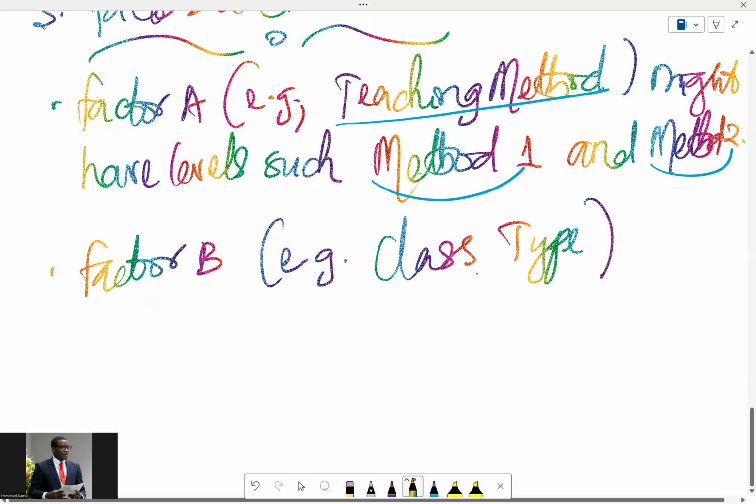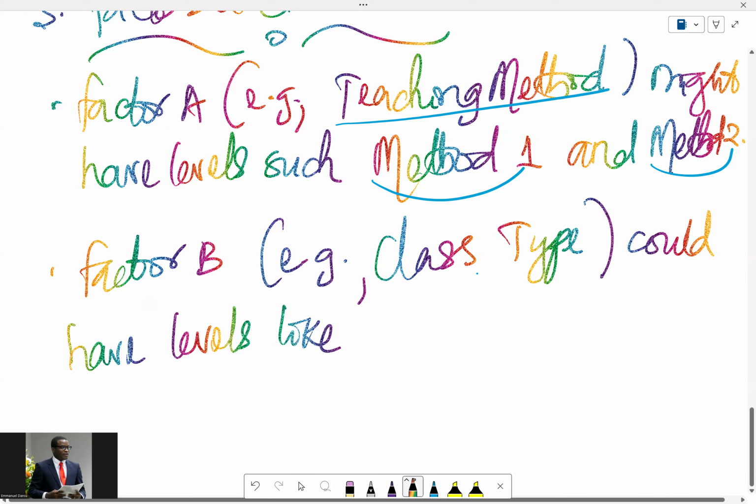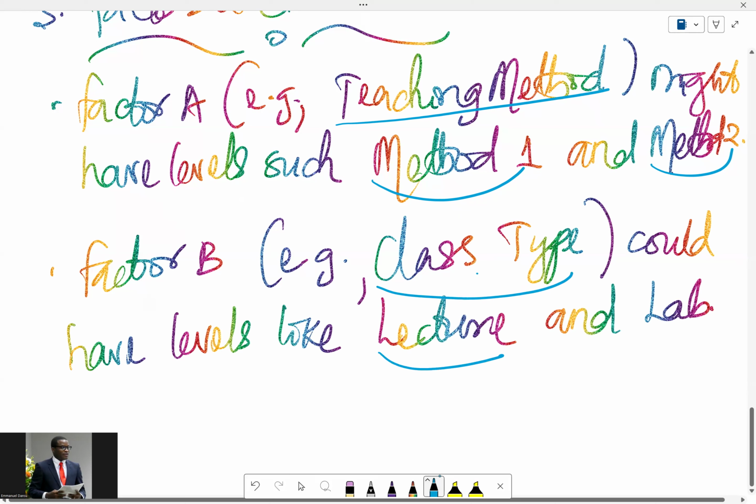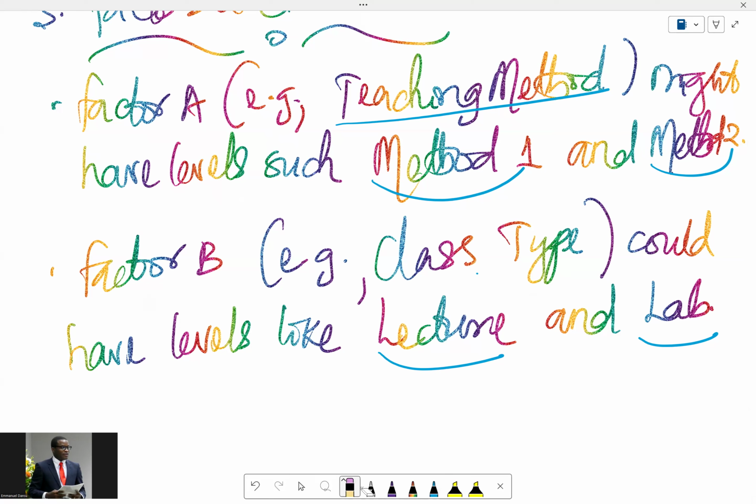Factor B, e.g., class type, could have levels like lecture and lab. Those are the settings for the instruction. The type of class: is it a lecture or is it a lab? The method of teaching: is it method one or method two? That's the kind of idea there.